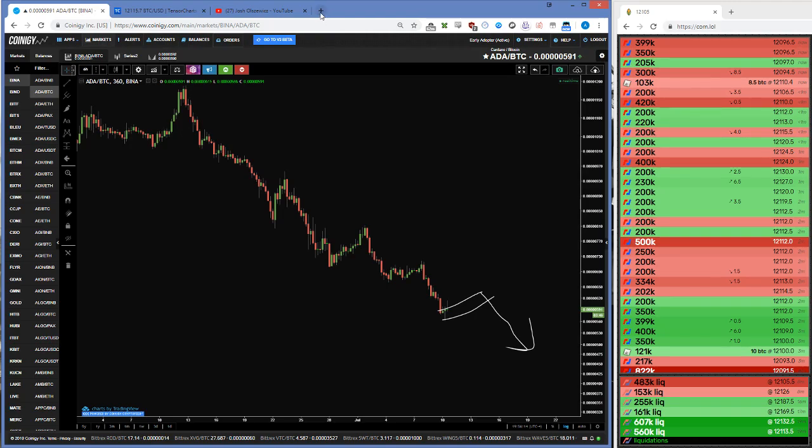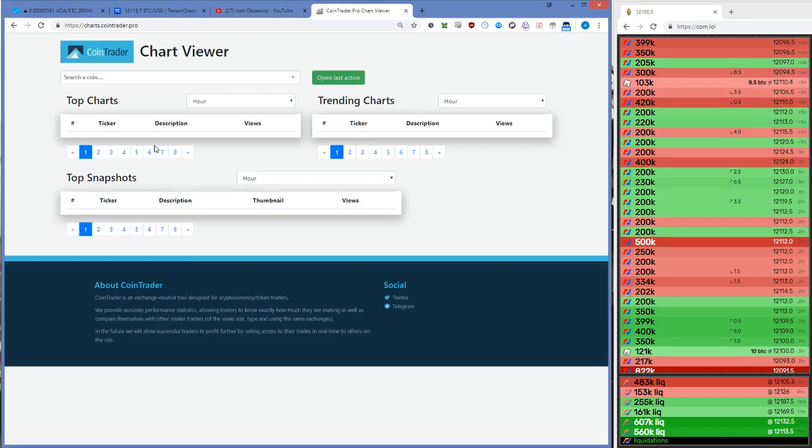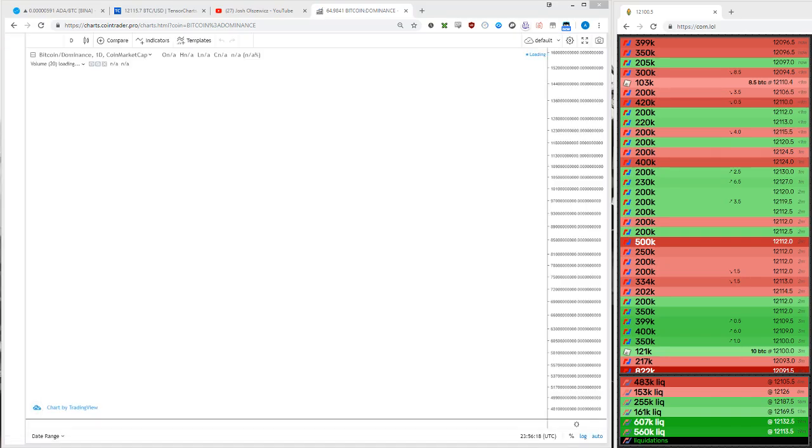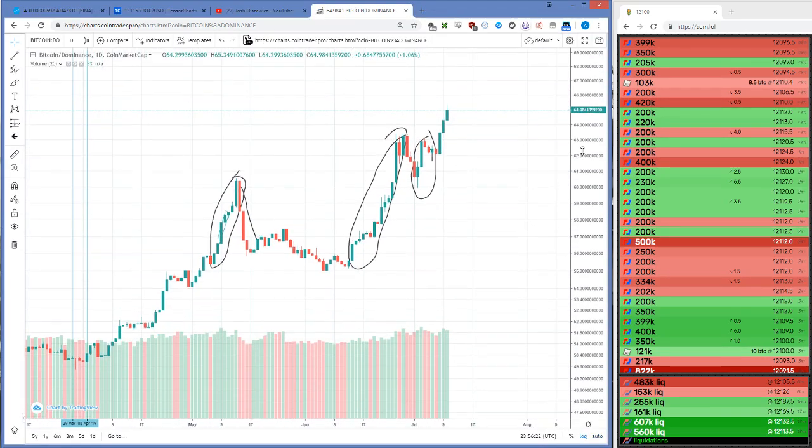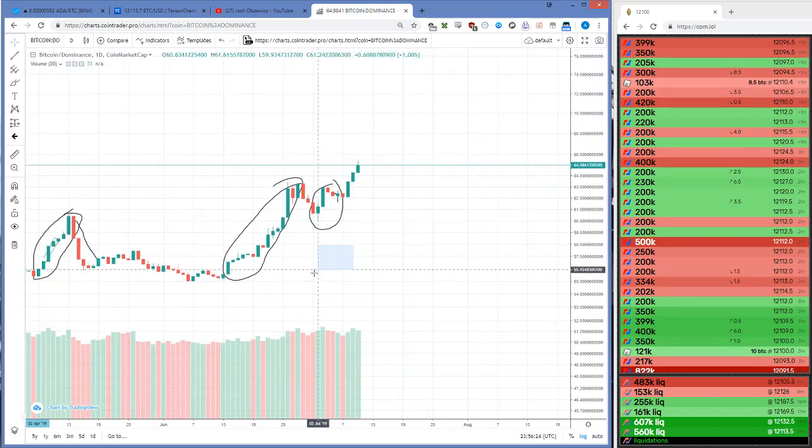Bitcoin dominance. Pretty crazy, honestly.